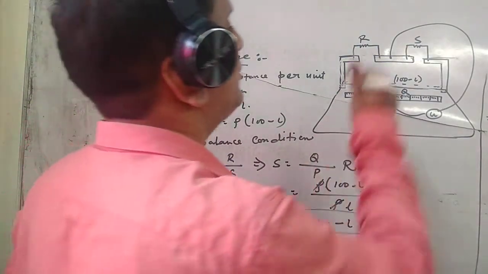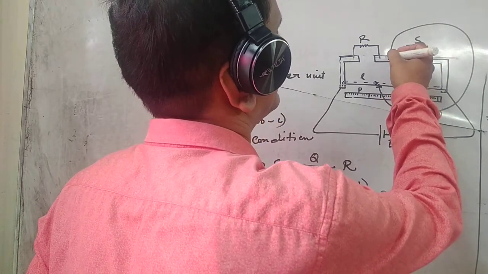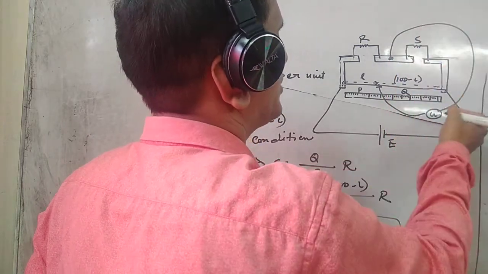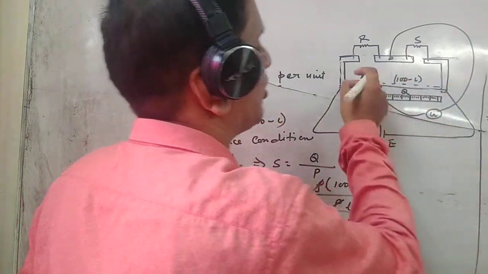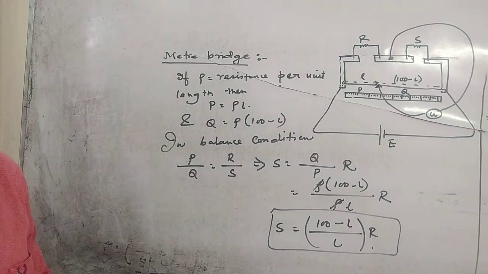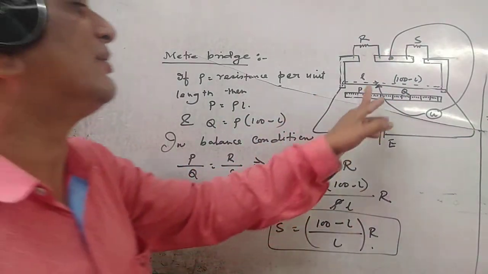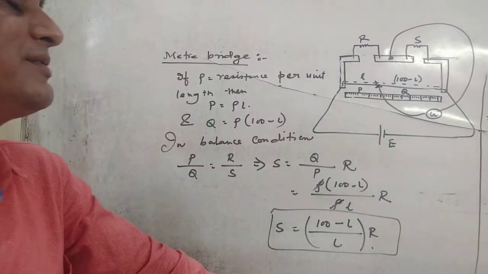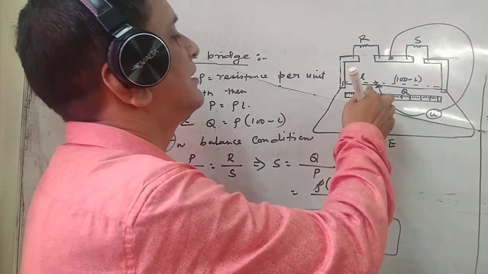Now what we will do, in the middle of this instrument, we will connect a wire through a galvanometer, and a jockey is there which can slide over this wire. So it is known as sliding wire experiment. Is it clear? Now suppose it is balanced.